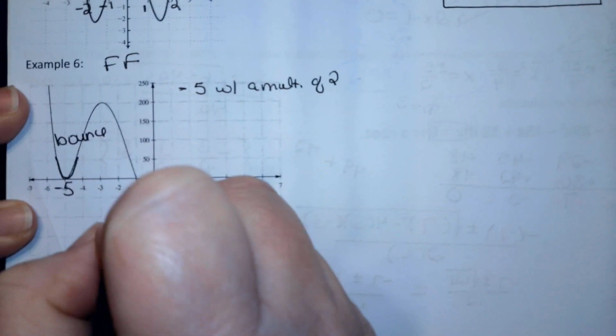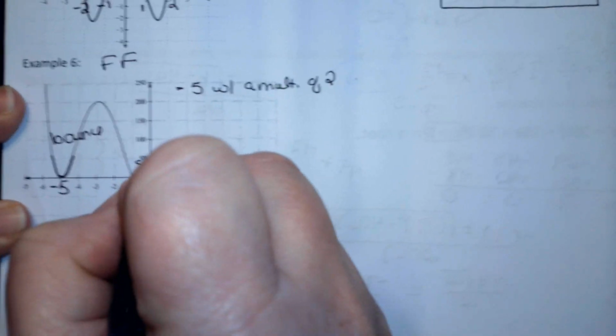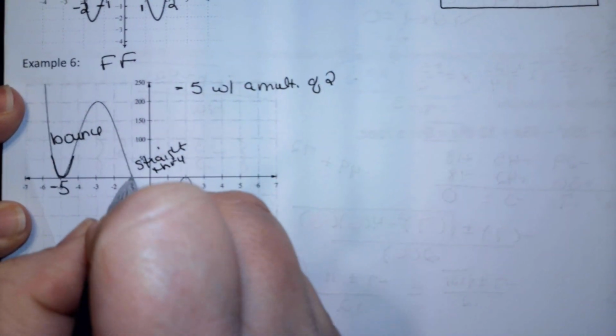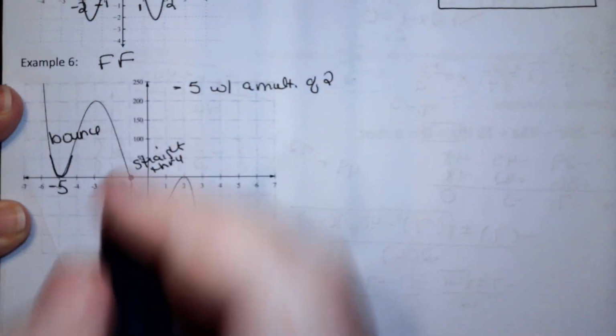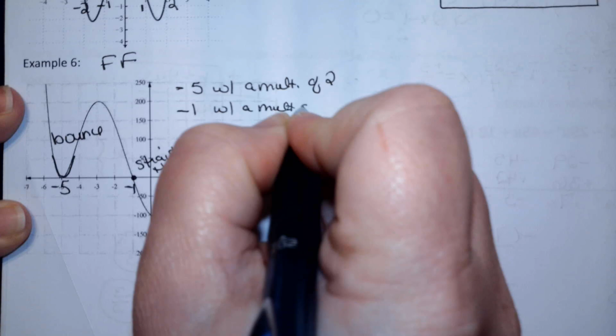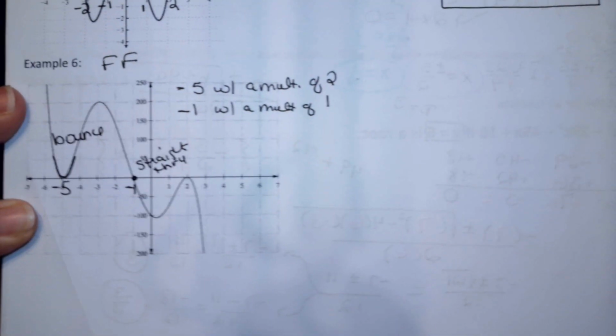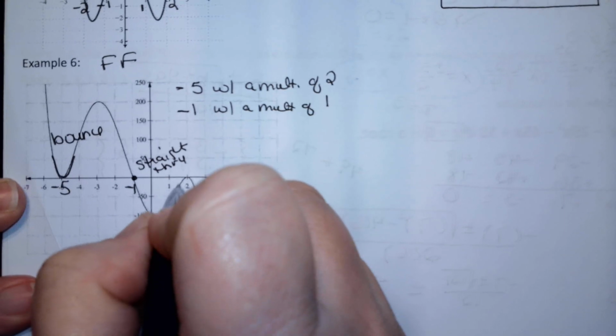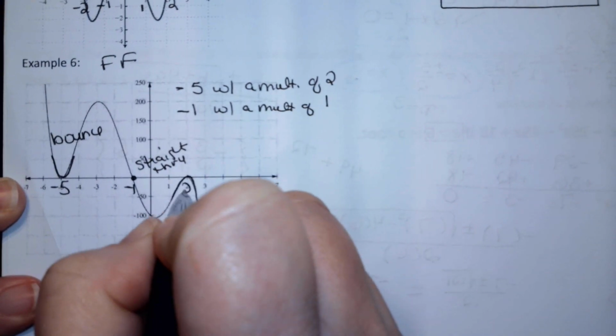Right here at negative 1, this goes straight through. When it goes straight through, it's only used once. So we would say negative 1 with a multiplicity of 1. Right, and then right here, we have another bounce at 2.